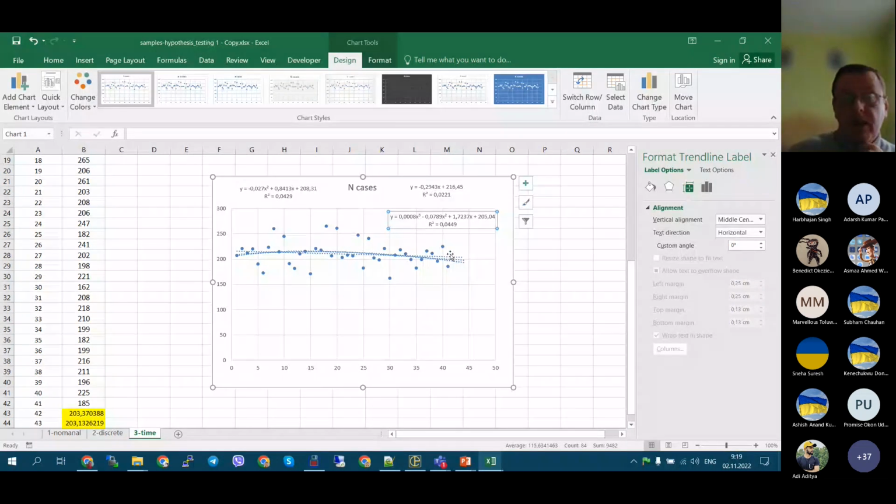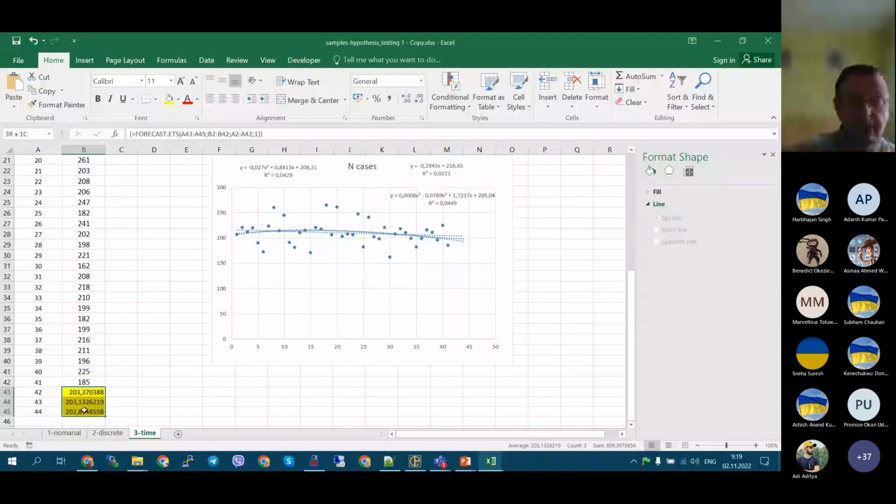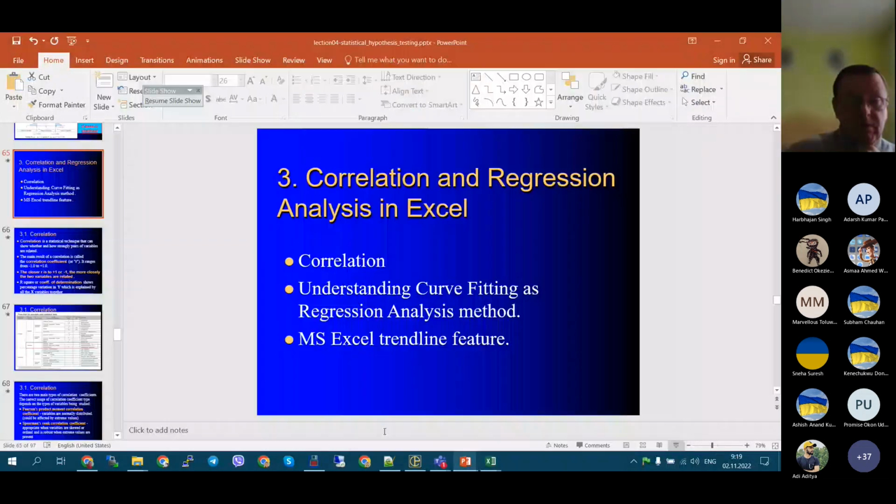But anyway, we have a general direction and we expect the future value in this particular range, which is again very similar to the given value. Okay, let's get back to continue.